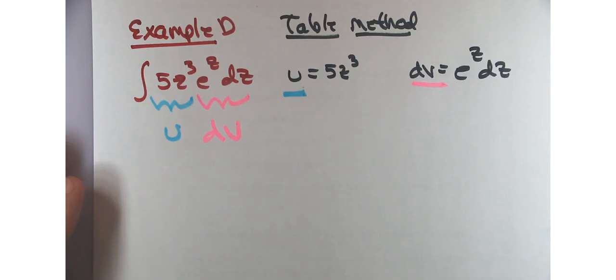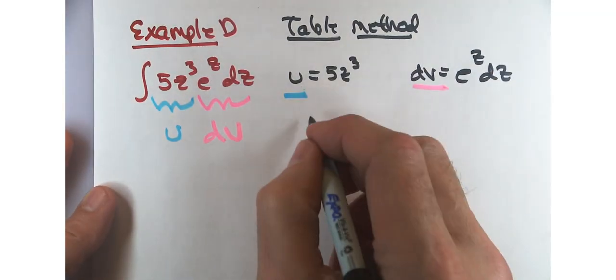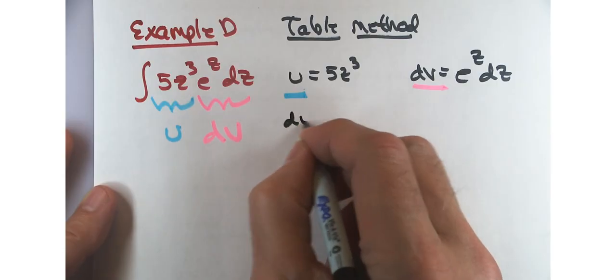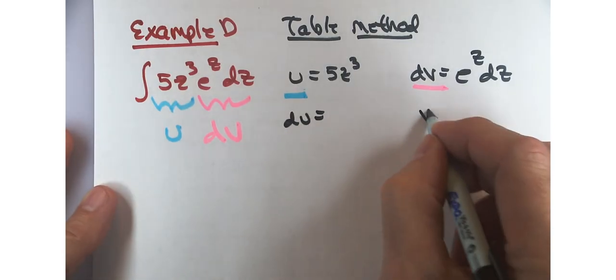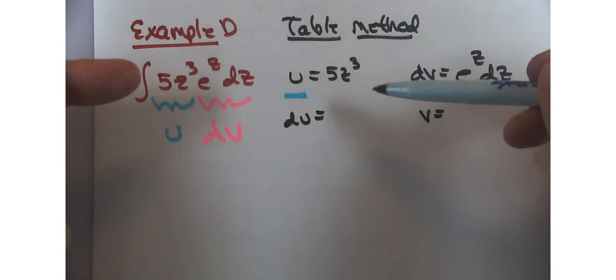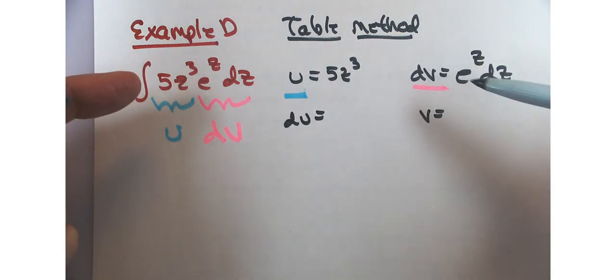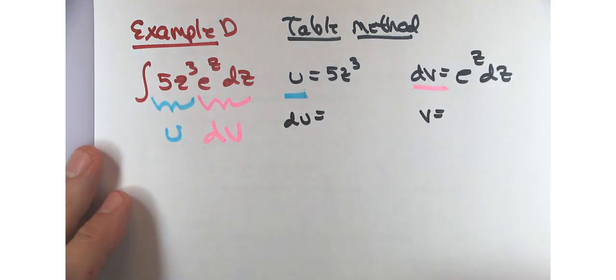Now what happens next? Well, we're going to differentiate these things, right? You're going to get a du term, and over here, you're going to integrate. Now I'm not going to worry so much about the dz term here or here. We're just going to kind of keep on going.